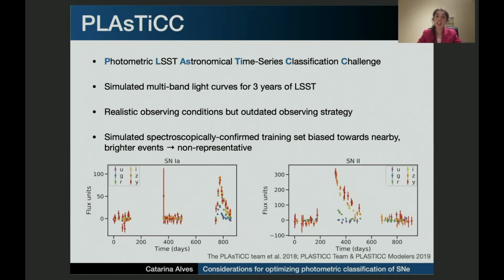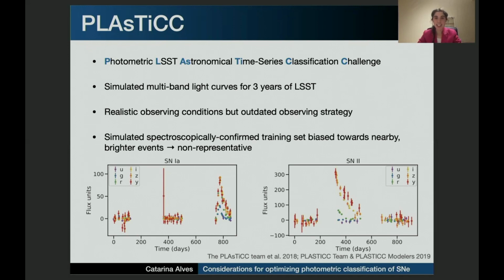The dataset includes the different types of transients and variable stars. But in this work, we focus on supernova 1A, supernova 1BC, and supernova type 2. In the bottom of the slide, you can see examples of two light curves of this dataset.